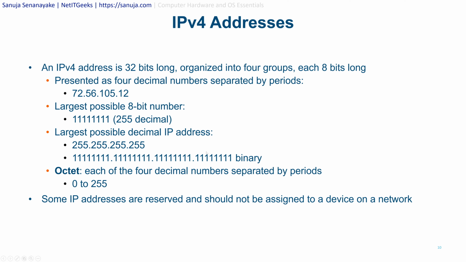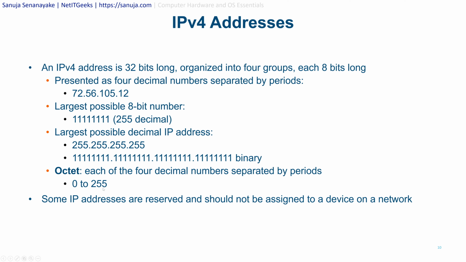So remember that. The reason why the maximum is 255 is because we only have 8 bits, and in binary we can convert all of them into ones, and that is the maximum value. That will be the 255. As I mentioned previously, each of these 4 decimal numbers is separated by a period, and each of them is known as an octet. So this is an octet, this is an octet, this is an octet, this is an octet.